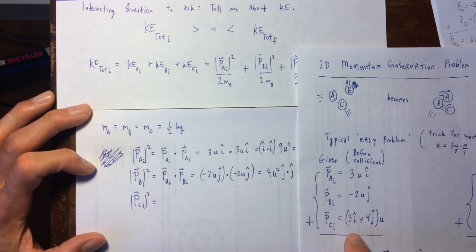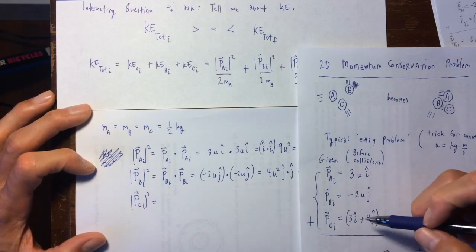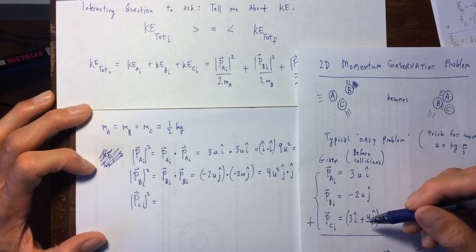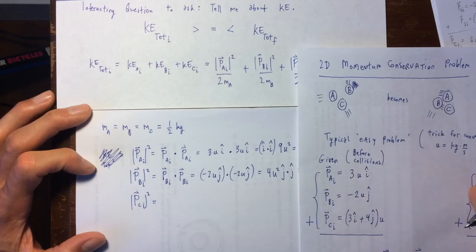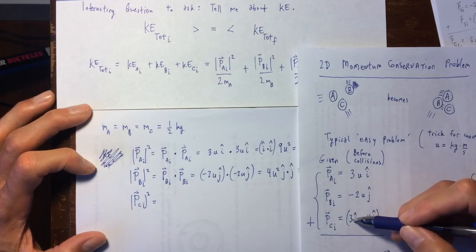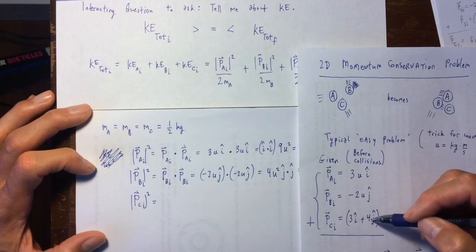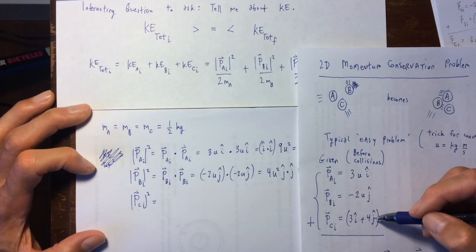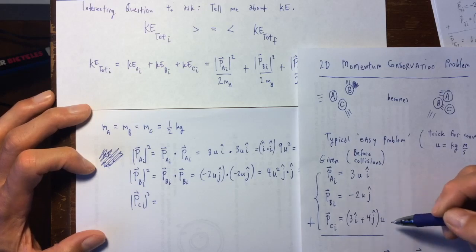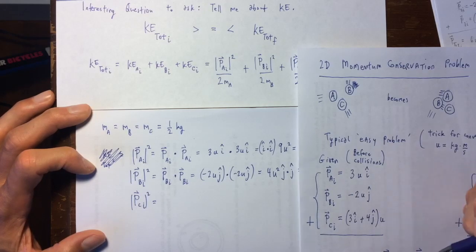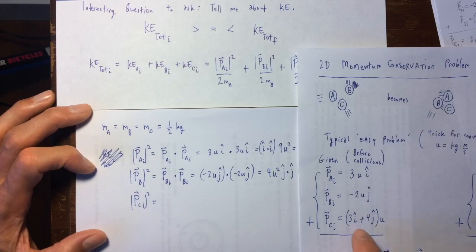Some of you might be fast enough to recognize this as the hypotenuse of a 3, 4, 5 triangle. 3 squared plus 4 squared, right? 9 plus 16 is 25, and the square root of 25 is 5. So we know the answer is 5 units. Or actually, sorry, it'll be 25 units squared as the magnitude squared. But let's see it play out.